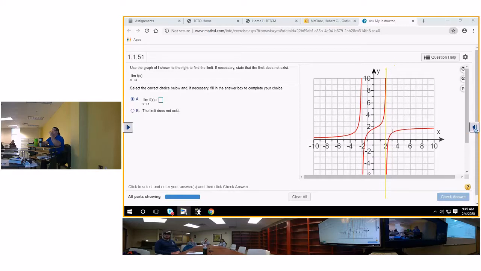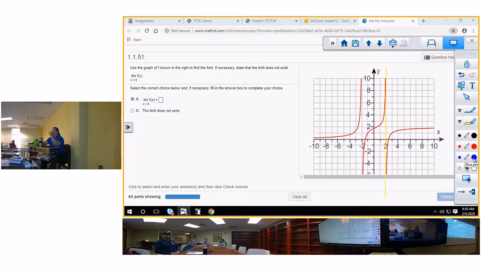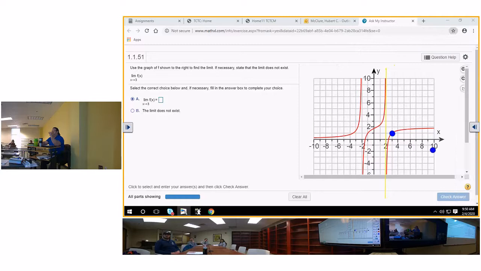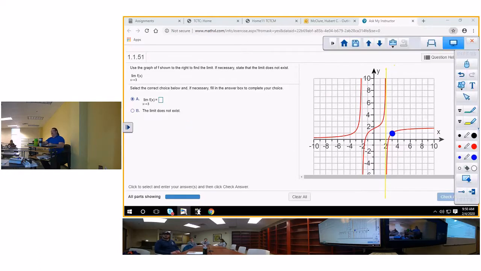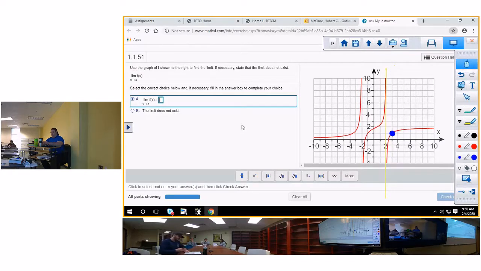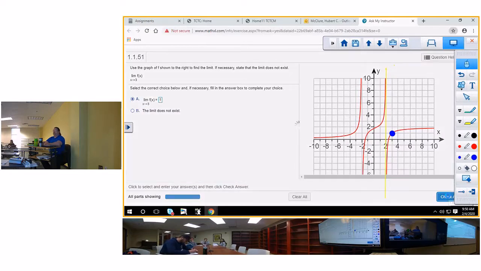I'm going to put a big dot there. So as x approaches 3 from the left, you're approaching 1. Remember, what they're asking for is the y. And here, I would say 1. Let's see if we feel good about ourselves. We do.